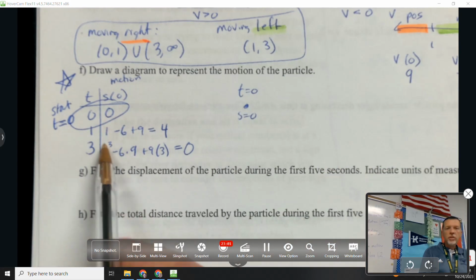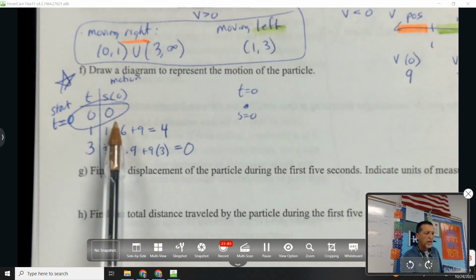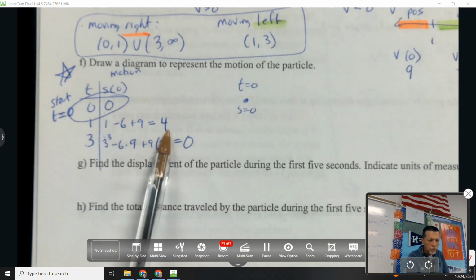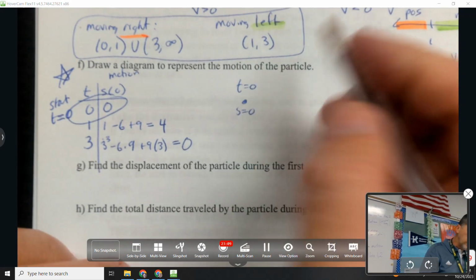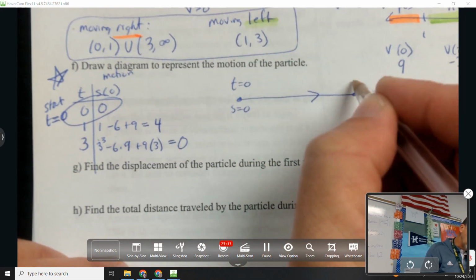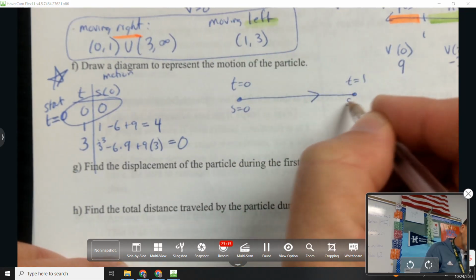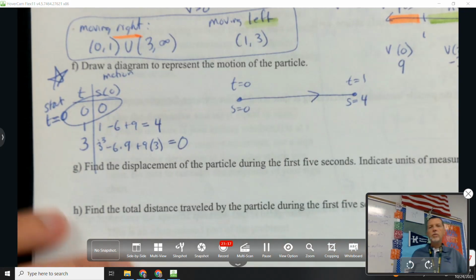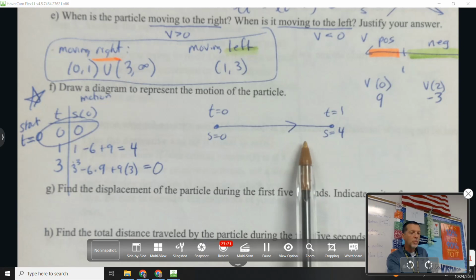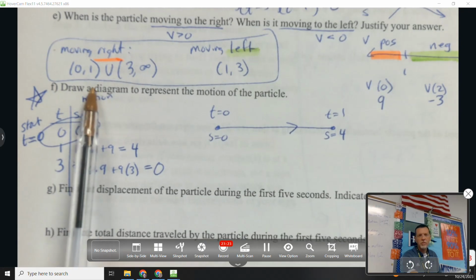And then from 0 to 1 in time, I'm going 0 to 4 in position. We already know that's moving to the right. So I'm going to move to the right, and somewhere over here, at time equals 1, I'm at position 4, because I was moving to the right between 0 and 1.